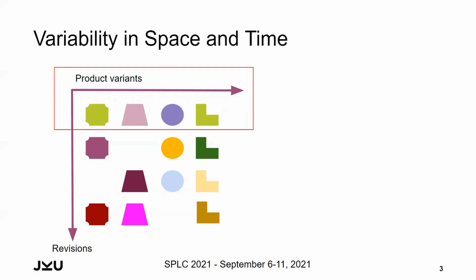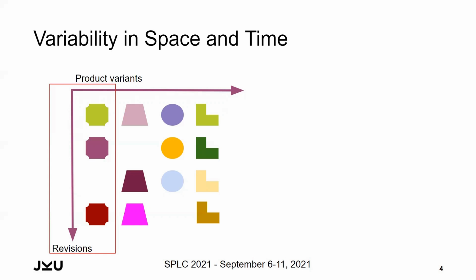And the system variants reflect different configurations and have been described as variability in space. The variability in time, on the other hand, results from the need of modifying variants due to enhancements, for example, to address new customer requirements or changes to the environment, such as alternative hardware or the optimization of non-functional properties.